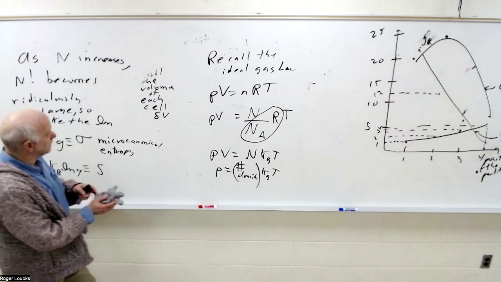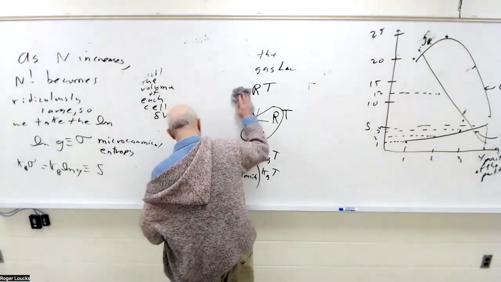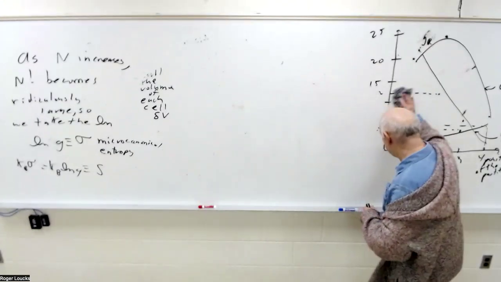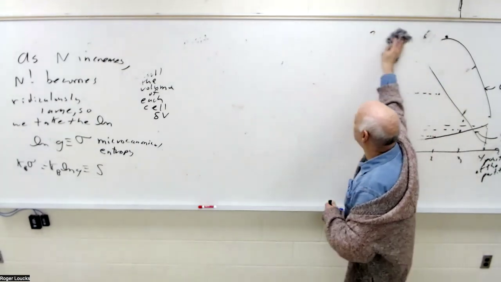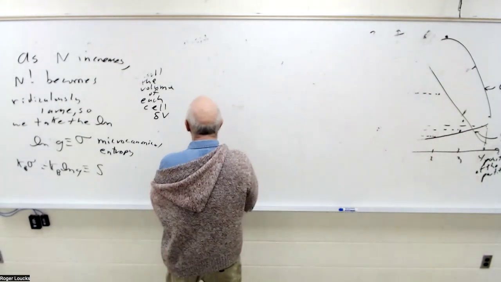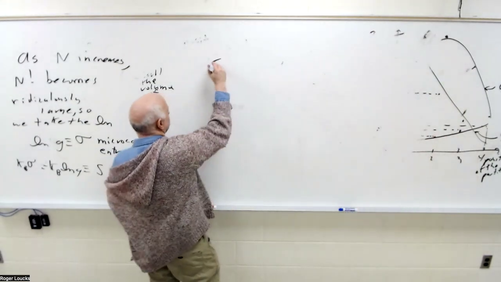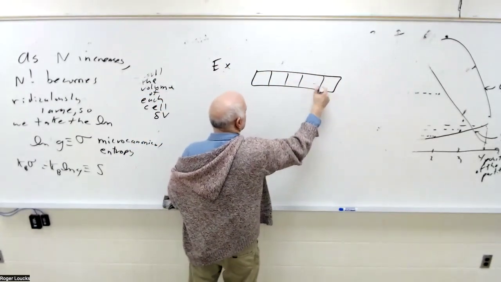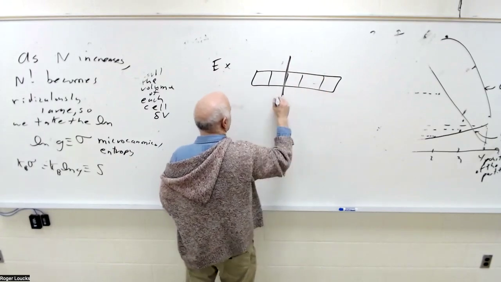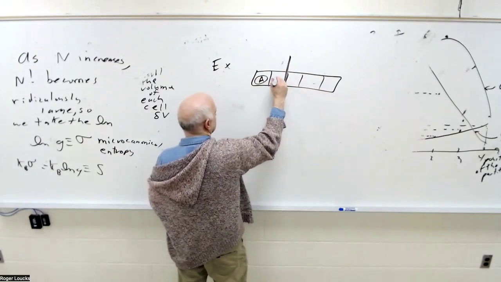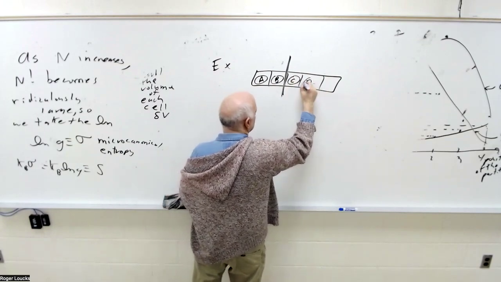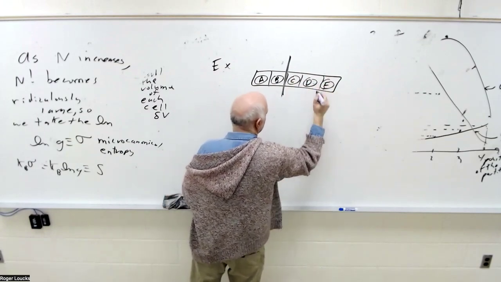Then we had a cute little thing for the first law, frequently called the second law. You add one to one for the second one. Then we had another little example of this. Let's say I have particles A, B here, and particles C, D, and E like that.